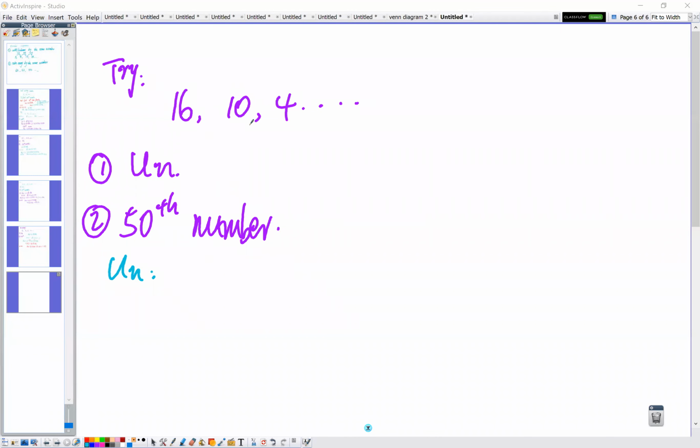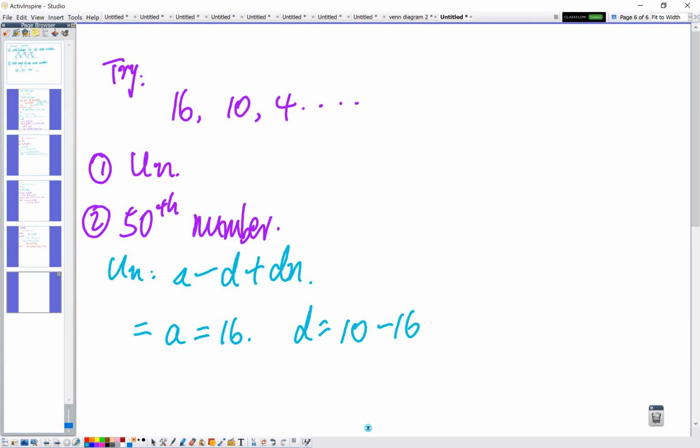First one, we look at un. un is like a minus d plus dn. A is the first number, so you can say A is equal to which number? 16. D is the difference. 10 take away 16, answer is minus 4.